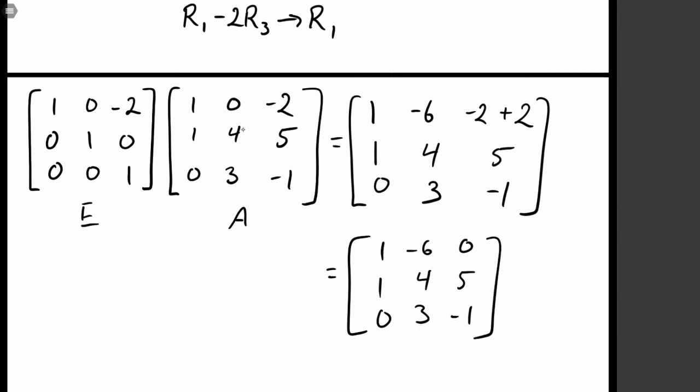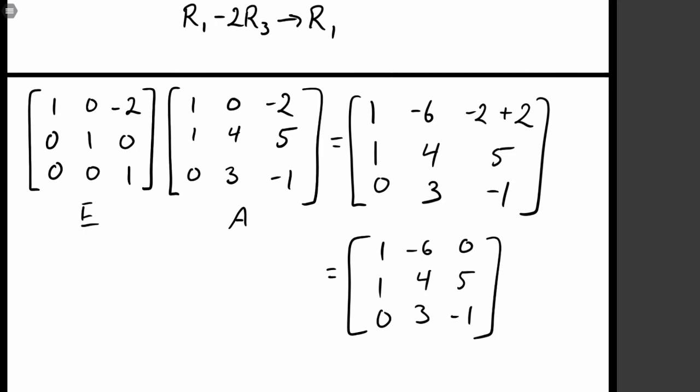We have 0 minus 2 times 3, that would be minus 6, which is what we got. And here we have negative 2 minus 2 times minus 1, so that's minus 2 plus 2, which is 0. And ta-da, that's what we have. So these elementary matrices let us do row operations on an actual matrix A.